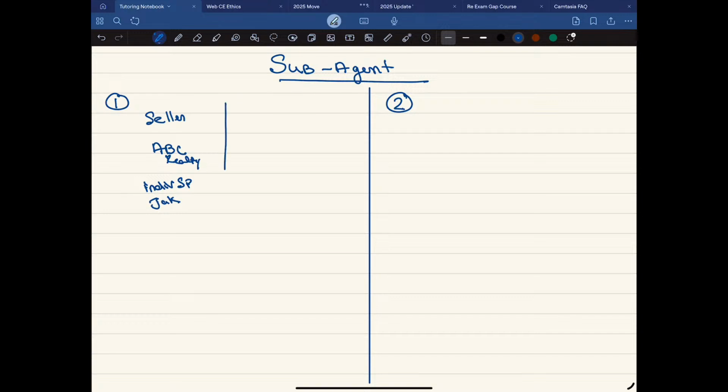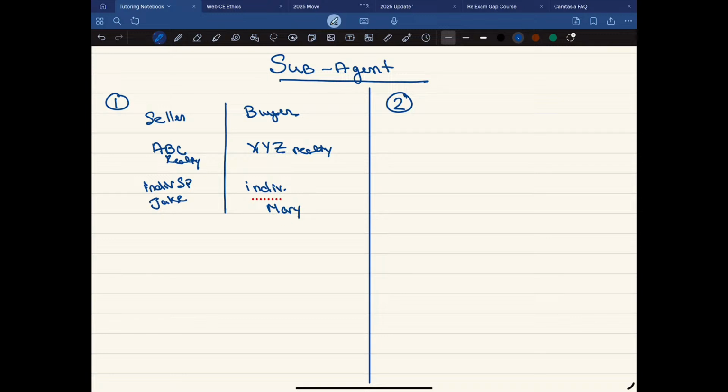Well, you're also going to have a buyer, and maybe that buyer had somebody from XYZ Realty show houses, and let's call that agent Mary. Now, this would usually be single agency.